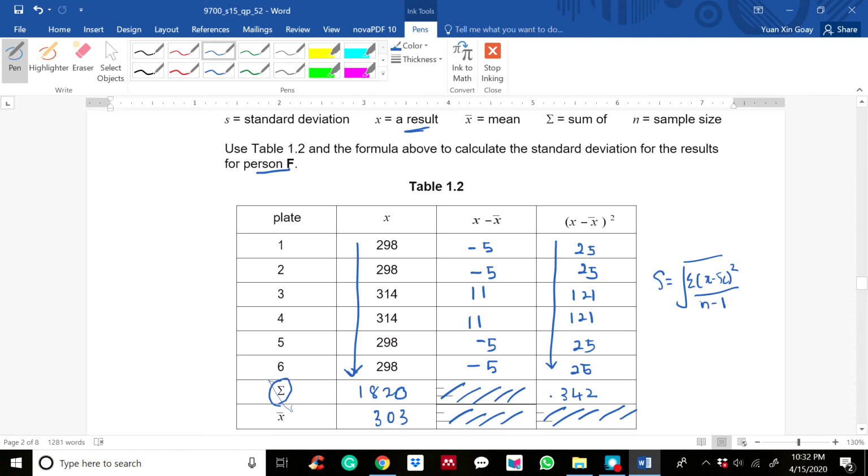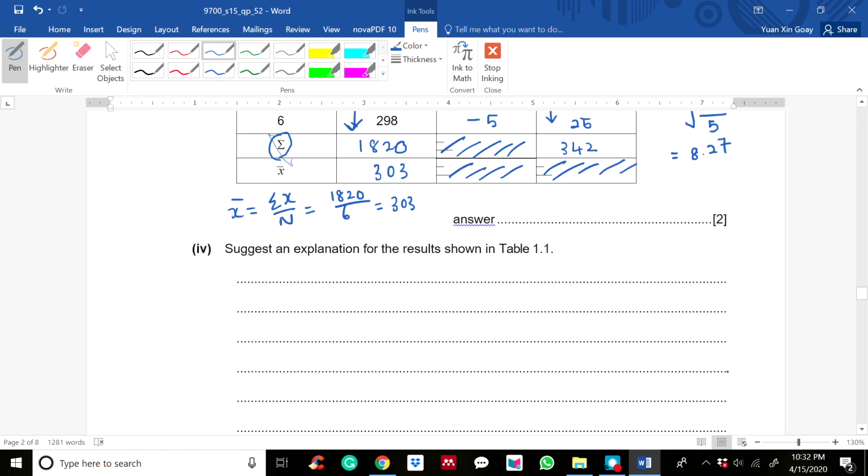So the sum of x minus mean squared is 342. n minus 1 is equal to 6 minus 1, which is 5. So standard deviations will be equal to 8.27. So your answer here is 8.27.